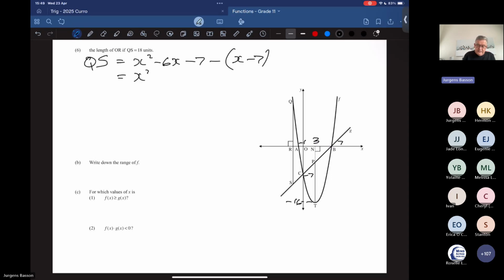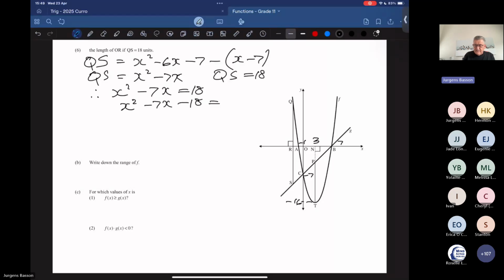And if we simplify this, I get minus 7x, minus 7 plus 7 will be 0, that is QS. But QS is given as 18. So we can say x squared minus 7x is equal to 18. So x squared minus 7x minus 18 is 0.